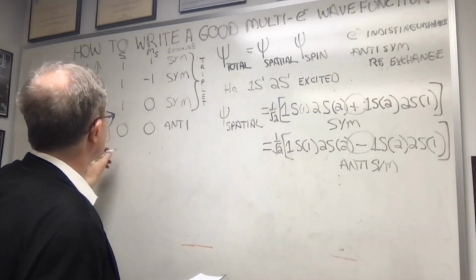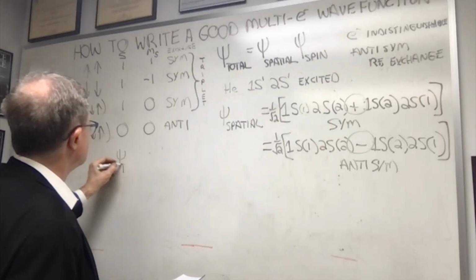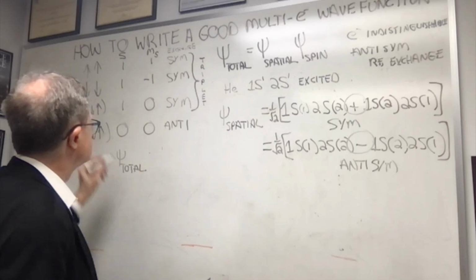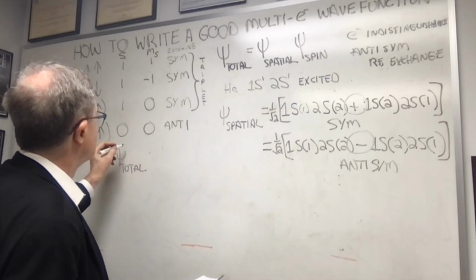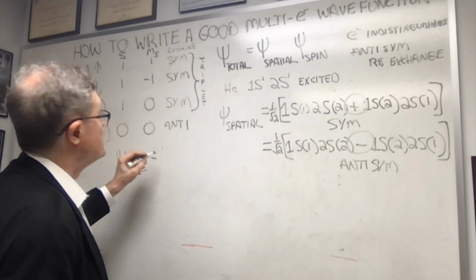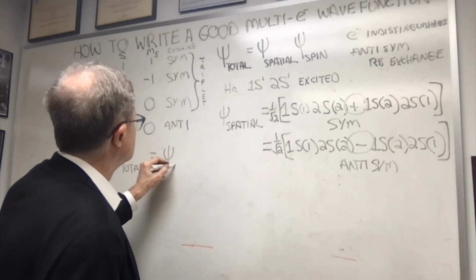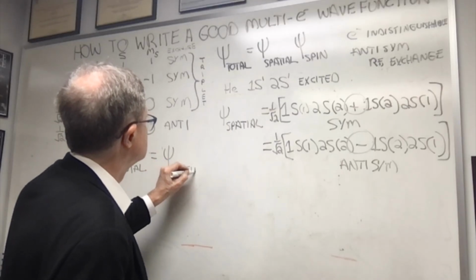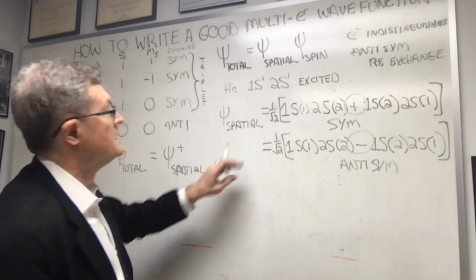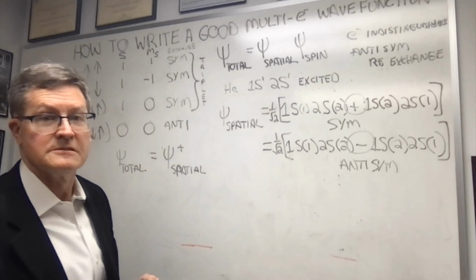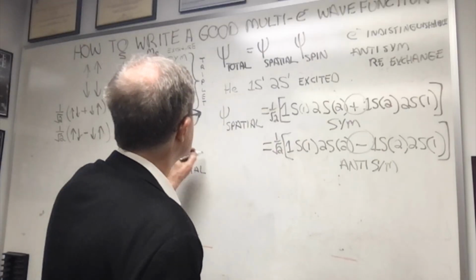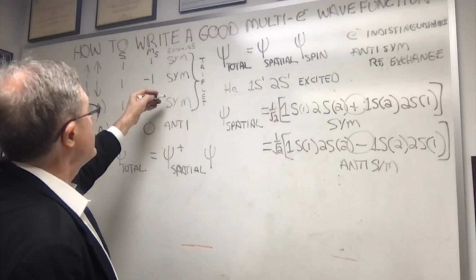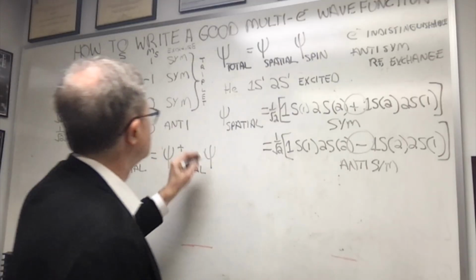All right, so we're going to get one total wave function. That's going to be the symmetric spatial part times an antisymmetric spin part.